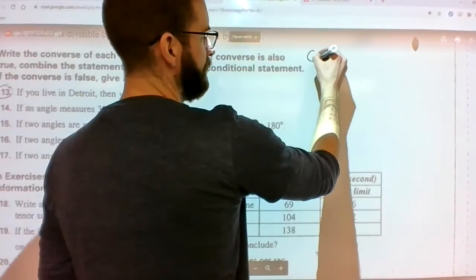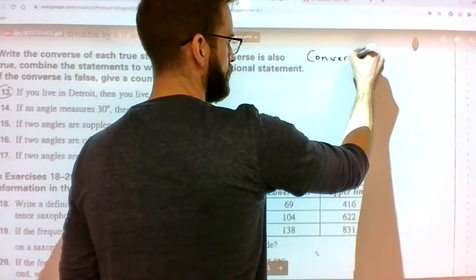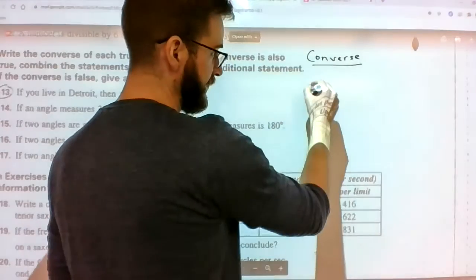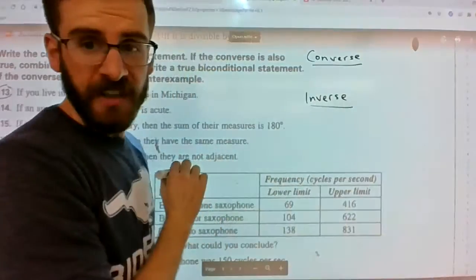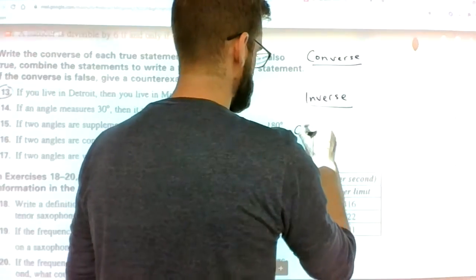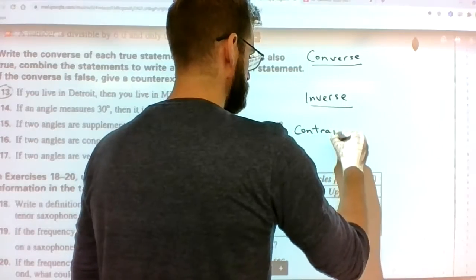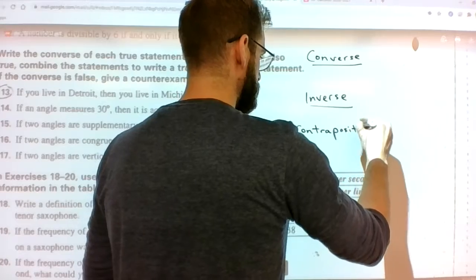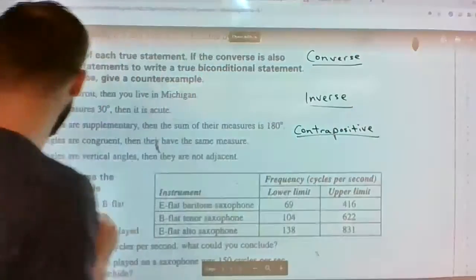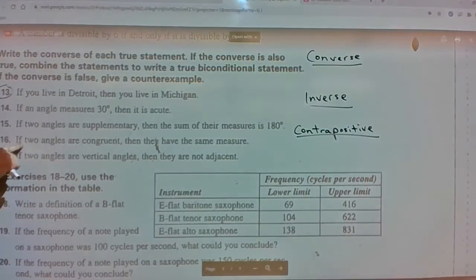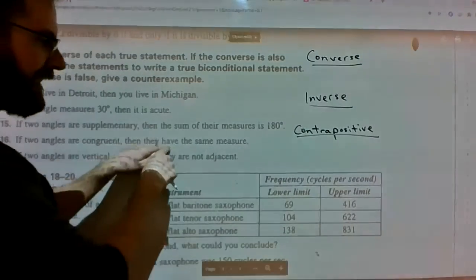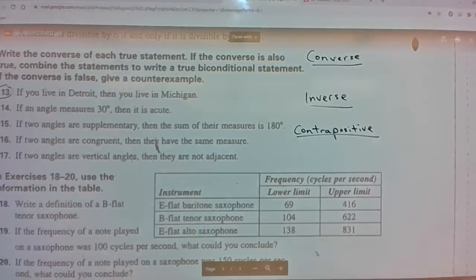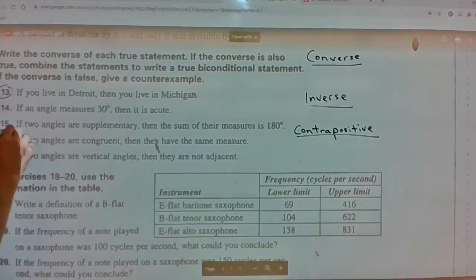So what's the converse? What's the inverse? And what's the contrapositive? Well, the original statement is, if two angles are congruent, then they have the same measure. So my original statement, right here.